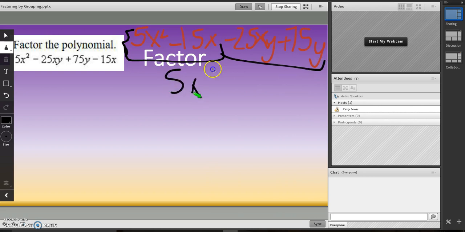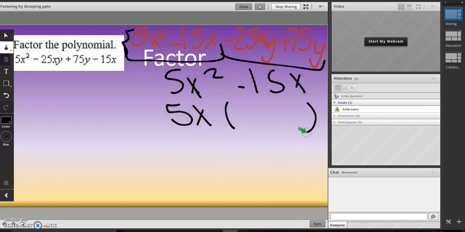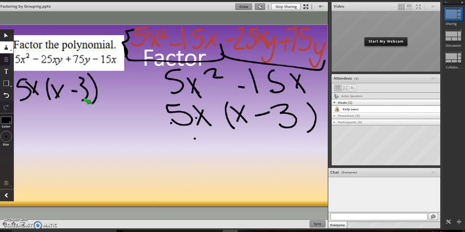Okay, we have a 5x squared minus 15x. Both have a 5 in common, and they both have an x, so that's their greatest common factor. 5 divided by 5 is 1. x squared minus 1 is just an x left over with a minus sign. 15 divided by 5 is 3. And x divided by x kind of cancels. So we have a 5x, x minus 3.